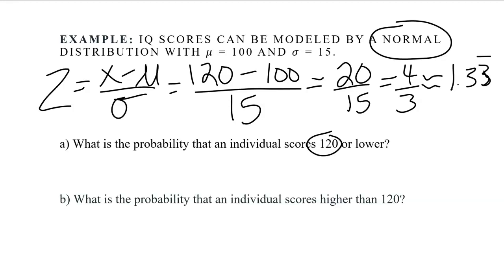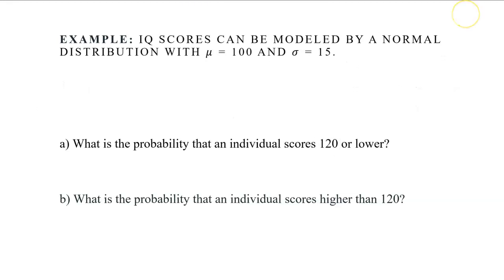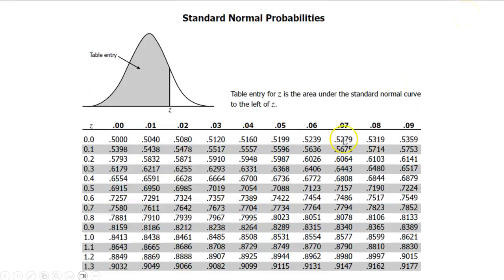And now we want to use the table to figure out the probability for everything less than that value. So let's look at the table. We're doing 1.33. So 1.3 is here. To get to 1.33, I will have to go all the way down to the 0.03. So we go here because it's the tenths, 1.3, and then the hundredths decimal place is a 3.